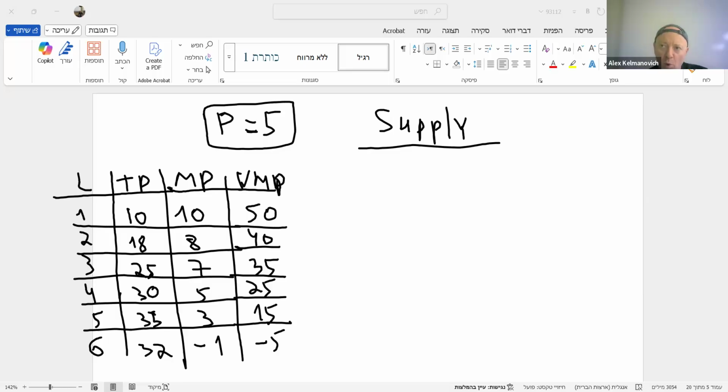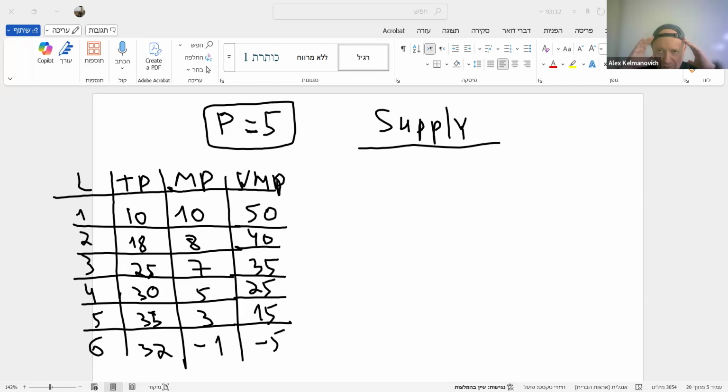No, we need to know the wage of the laborers. And the wage of the laborers is also decided by the market. So the market decides what's the price of the product, and the market decides what's the wage of the laborers.